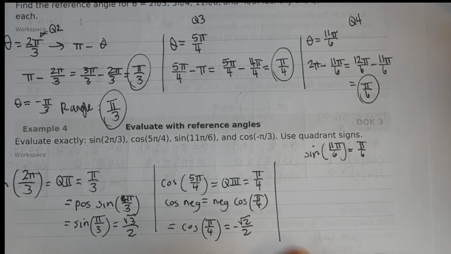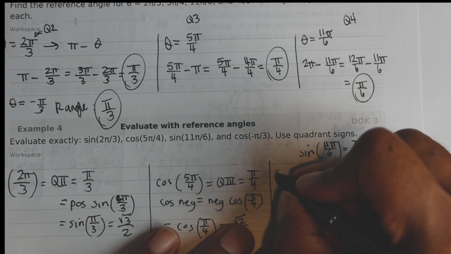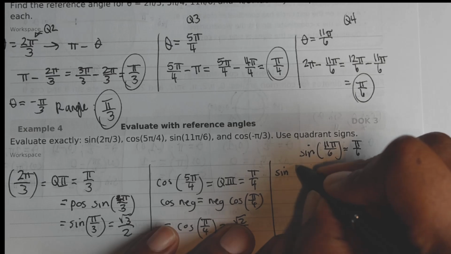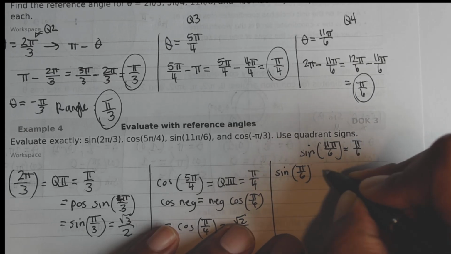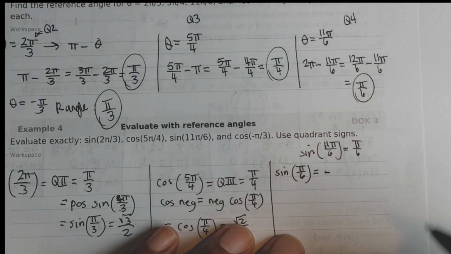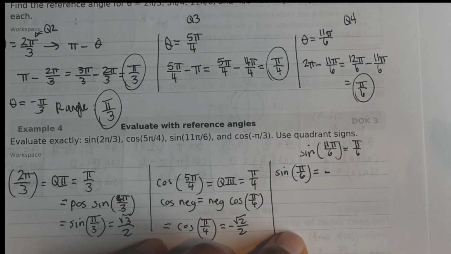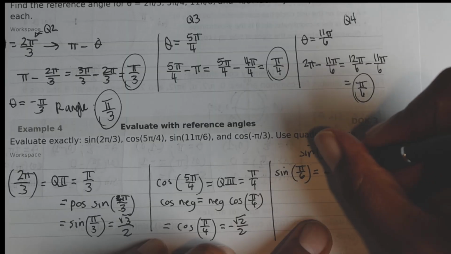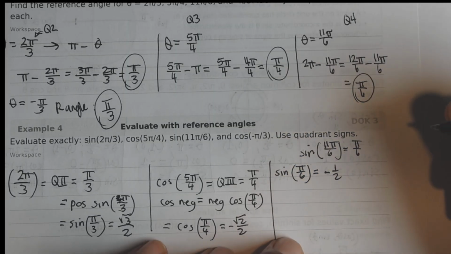We also discovered that in quadrant 4, x is positive, meaning cosine is positive, but sine is negative. So since sine is negative, the sine of pi over 6 is going to be negative, and sine pi over 6 is 1/2. So the answer is negative 1/2.